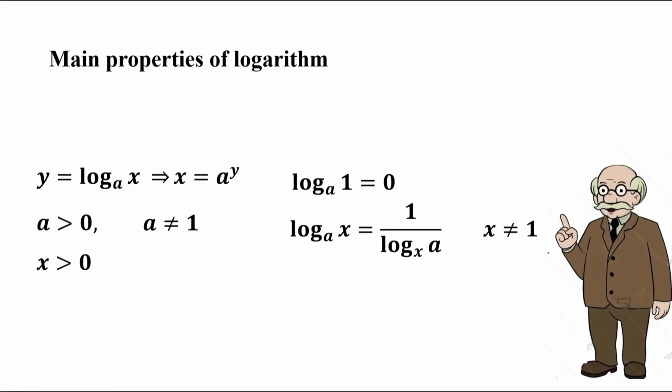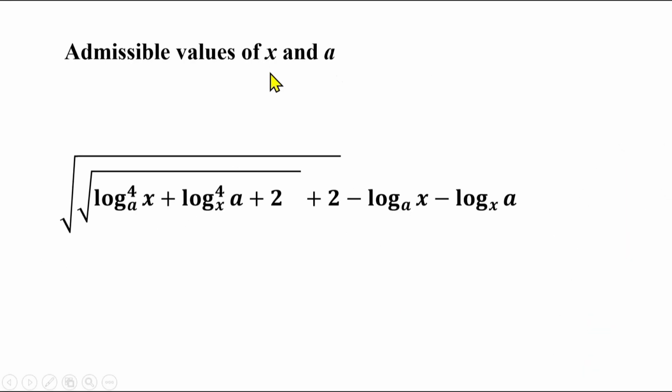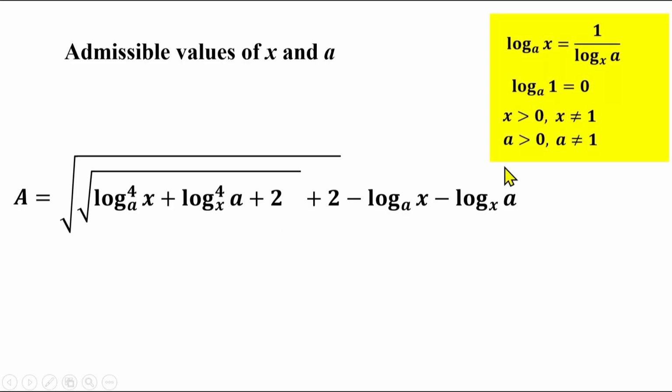Now we will find admissible values of x and a for our expression. We denote this expression as A for convenience, and recollect the restrictions on x and a which follow from the definition of logarithm.